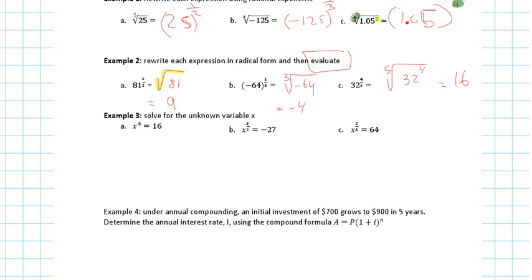All right. Now I want to solve for x. So I have x to the power of 4 is equal to 16. I want to solve for x. What do I do? And what's the opposite operation of the power of 4? Fourth root. It's the fourth root.